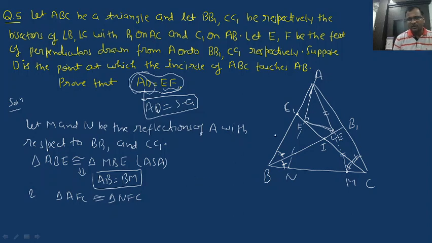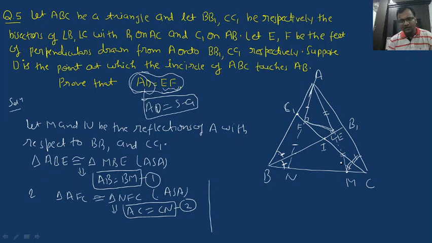If these two triangles are congruent, then AF equals FN, and by the angle side angle congruency theorem, these two triangles are congruent, and then we can write AC equals CN. These are the two important results. This is 1, this is 2.